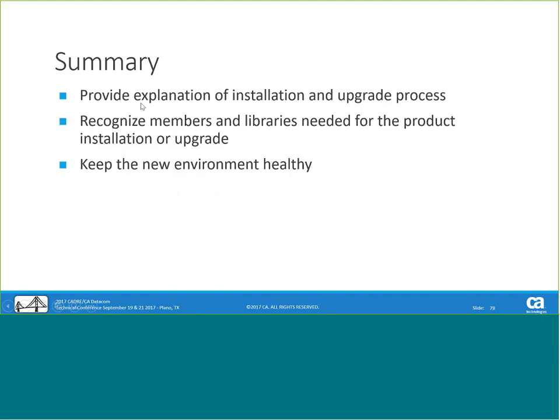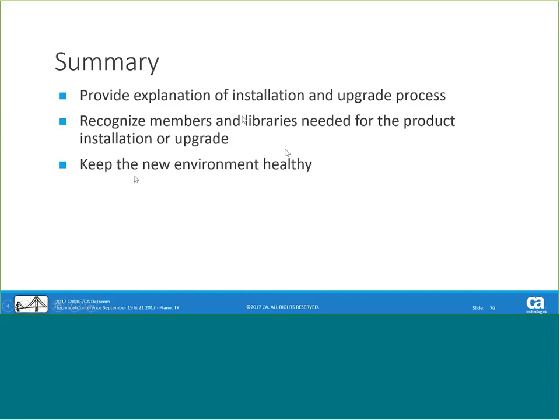So hopefully I've done a sufficient job of explaining your installation upgrade options, your choices, and recognizing the members and libraries that you will need depending on which version or strategy you pick, whether it be active, traditional, or parallel.